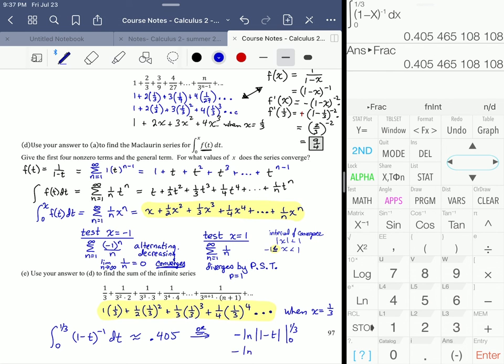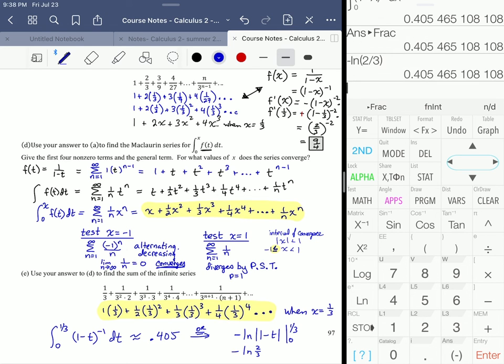So negative ln of 1 minus 1/3 would be 2/3, minus negative, so plus ln of 1, which is going to be 0 anyway. So negative ln of 2/3, and that's the course.